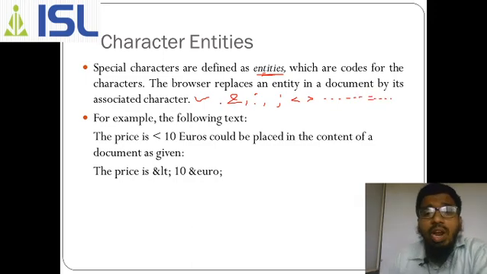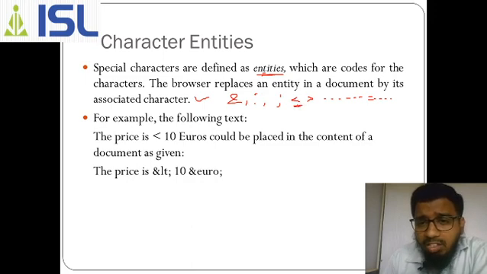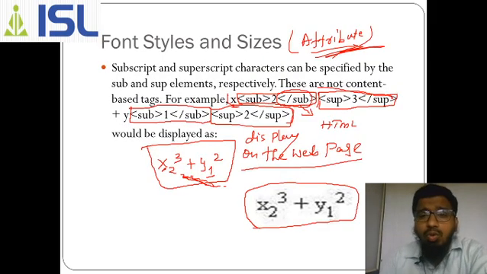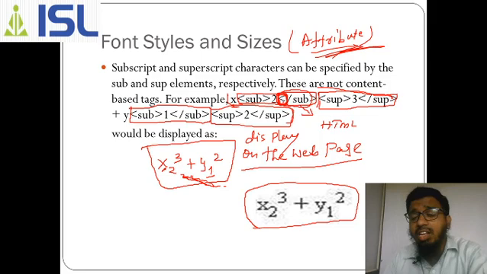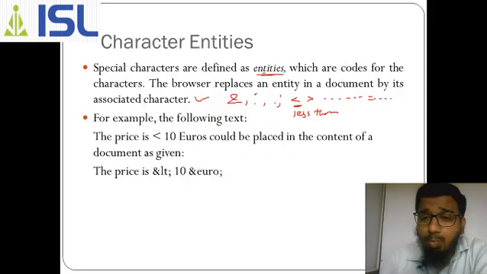So how can you write these? If you want to write less than, but just now I told you about the tags, here less than is already used. So how will you display the less than, greater than on the web page? That is the important thing.